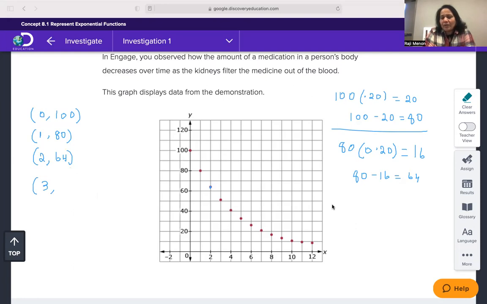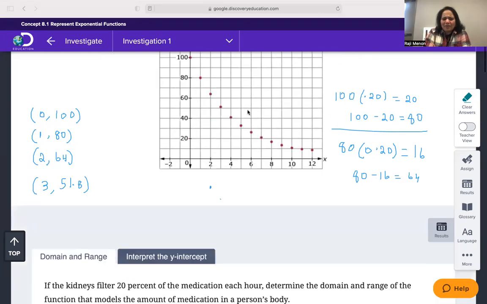So 64 minus 12 will be 52, so 51.2. Okay, maybe I'm wrong, you can just check it. That's how this is going to go. When it is 3, that's what you're seeing here, 51.8. First you should know how to read the graph. Perfect. After that, let us get into the next things.